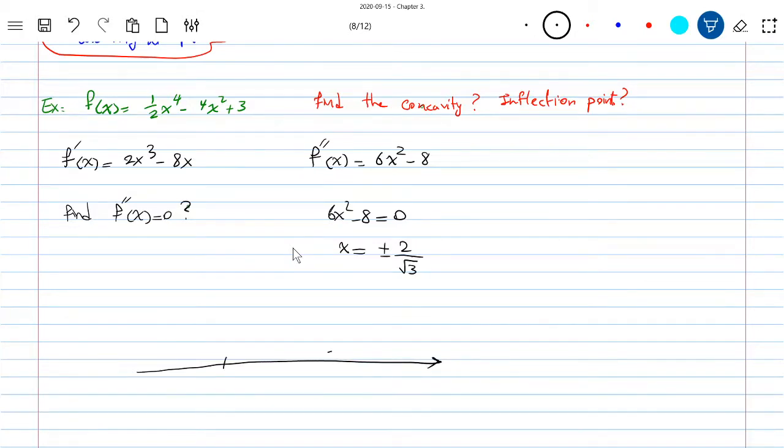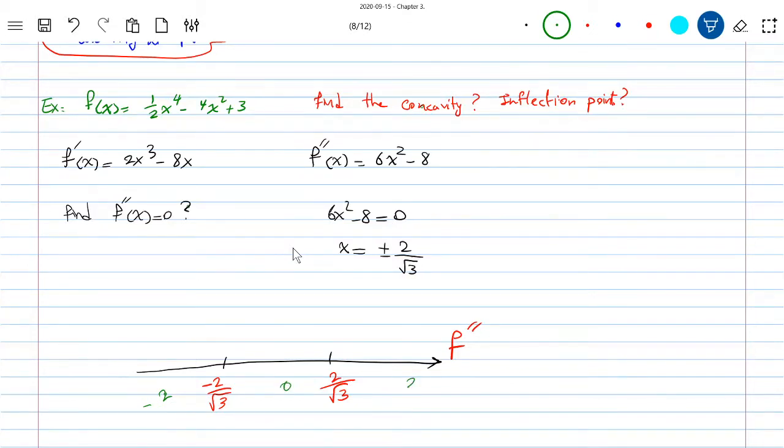Okay, draw the number line, but this number line is for the second derivative. It's important to consider the second derivative next to it. What are the critical points for the first derivative? The solutions that we found are -2/√3 and +2/√3. Now what we do is we pick a test point in each section. Here I'll pick -2, which is good enough.